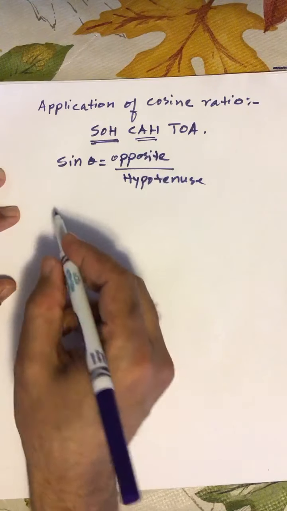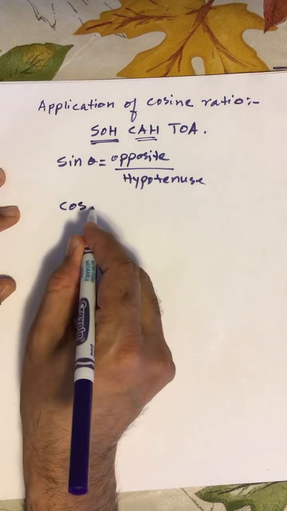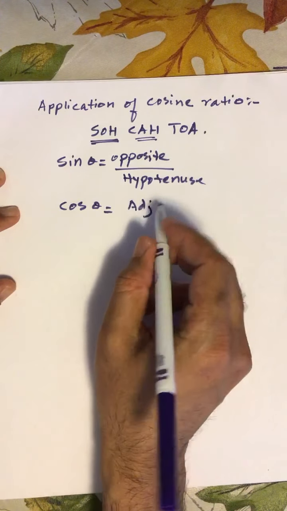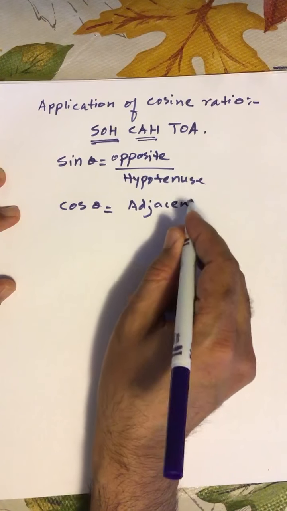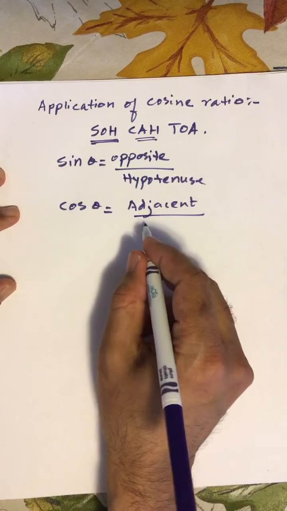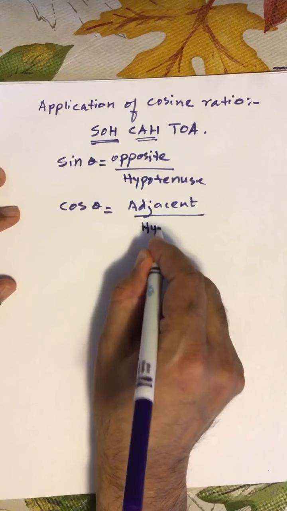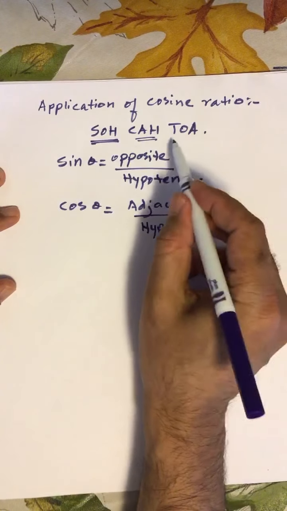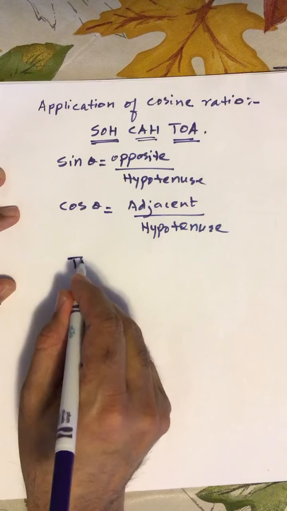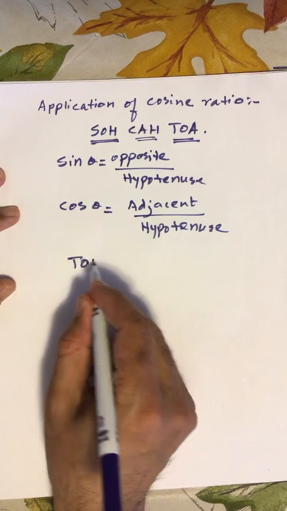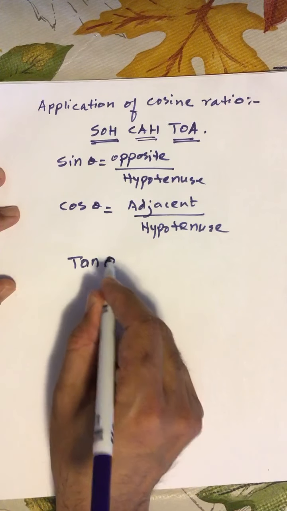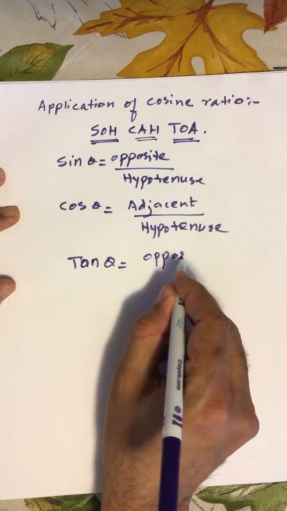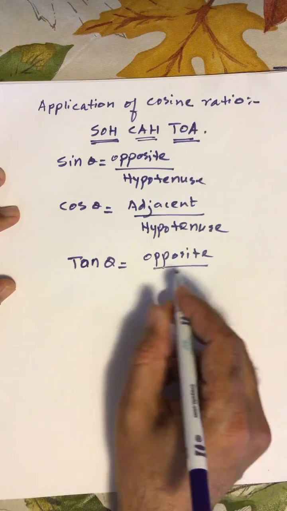Now C stands for cosine, A stands for adjacent, and H stands for hypotenuse. Now TOA is tangent. Tangent theta equals opposite over adjacent.